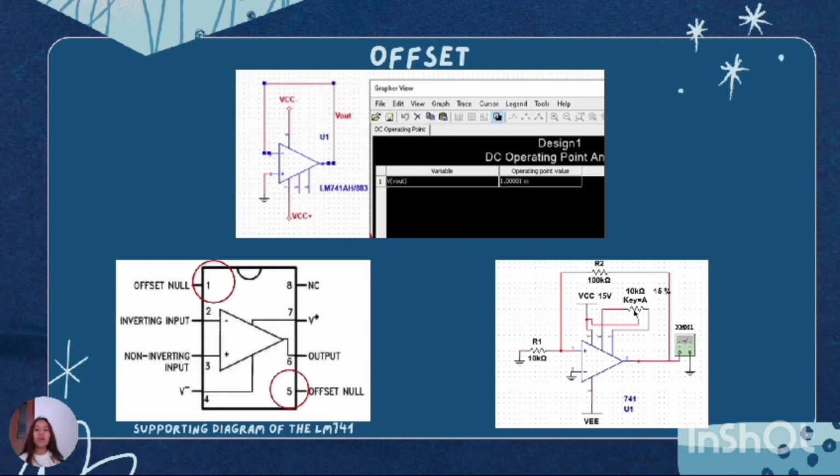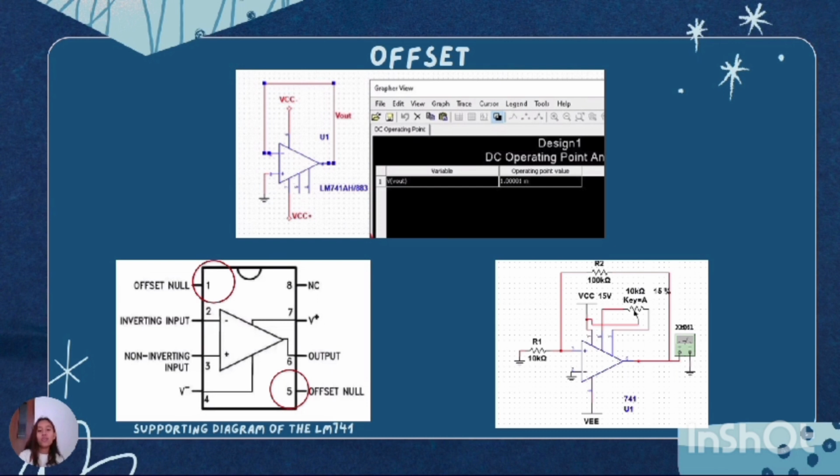This error is called the imbalance voltage or offset. We could define it as the non-zero voltage that is measured at the output of an operational amplifier, even if its input voltages are 0 volts.